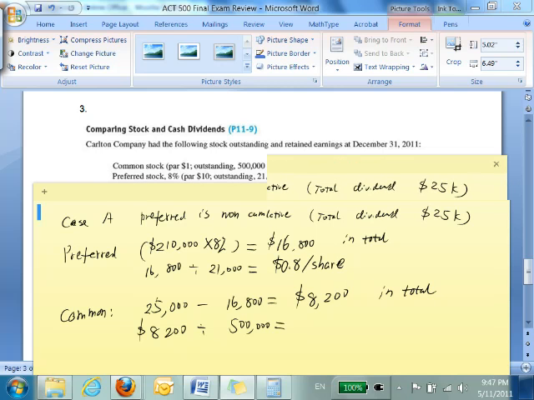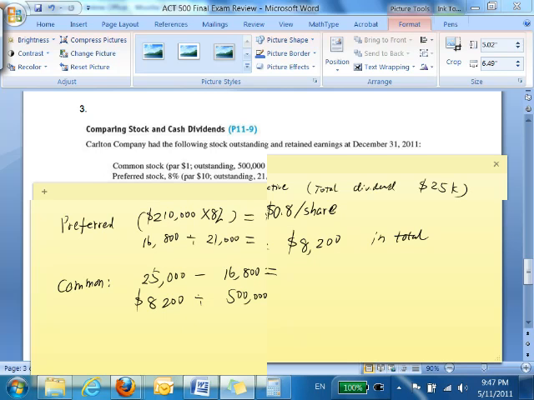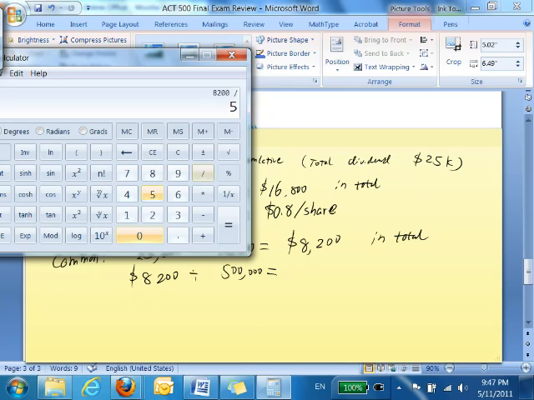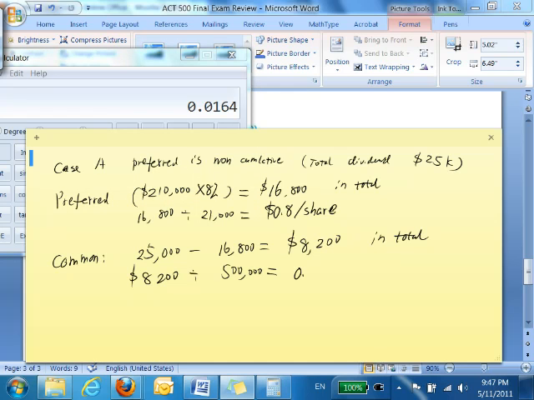So what do we get? 8,200 divided by 500,000. So $0.0164 per share. Okay. This is case A.